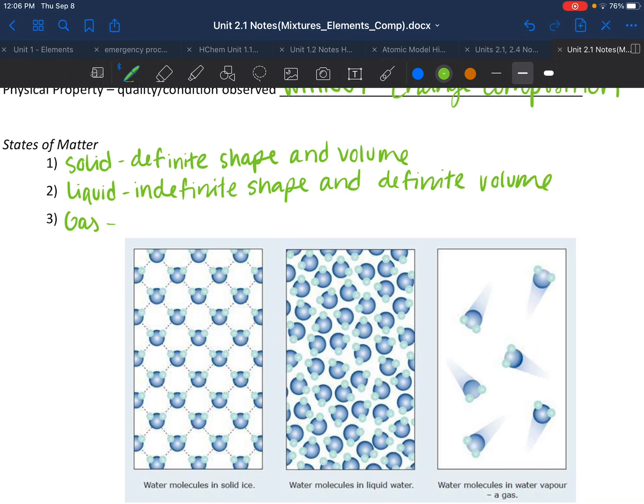Then we have gas, what we know to be our most full of energy and free moving. What's awesome about gas, no matter what container you put it into, it will change to that shape and volume. So we say indefinite shape and volume.